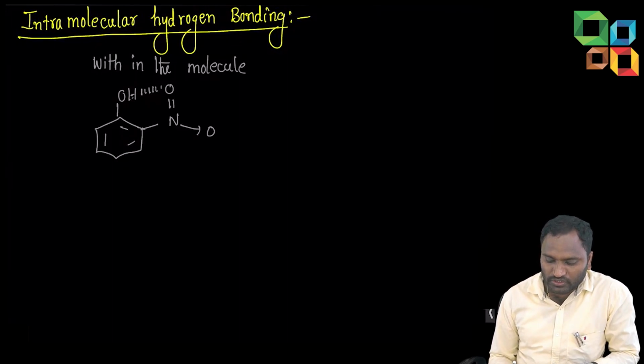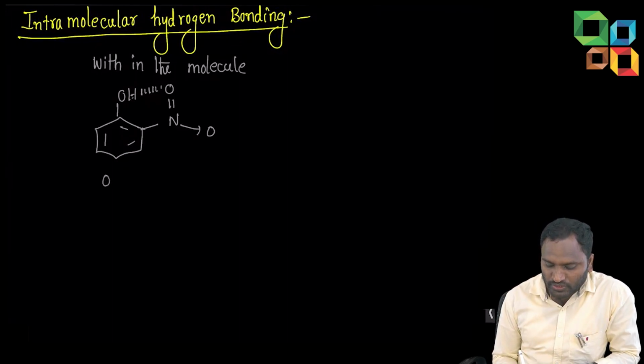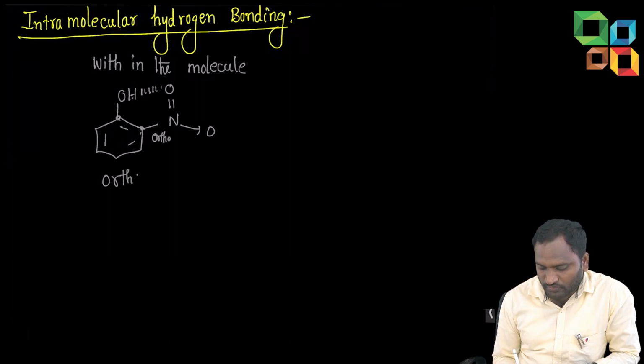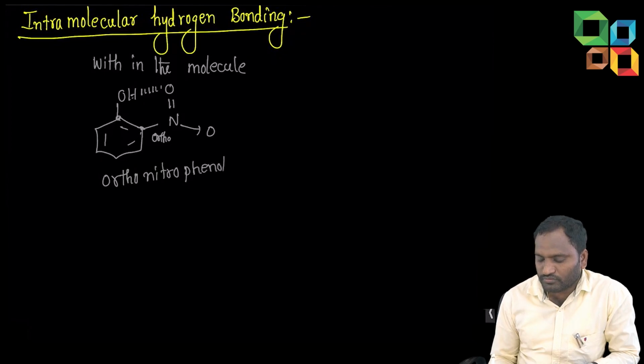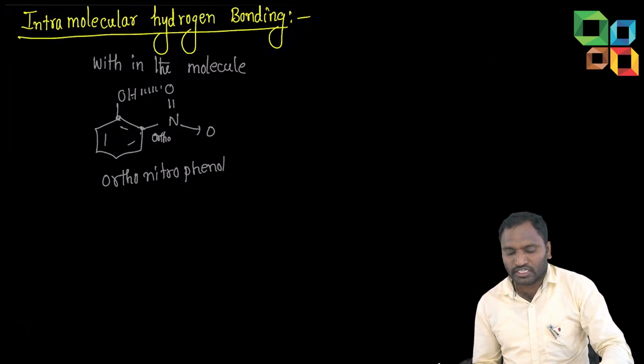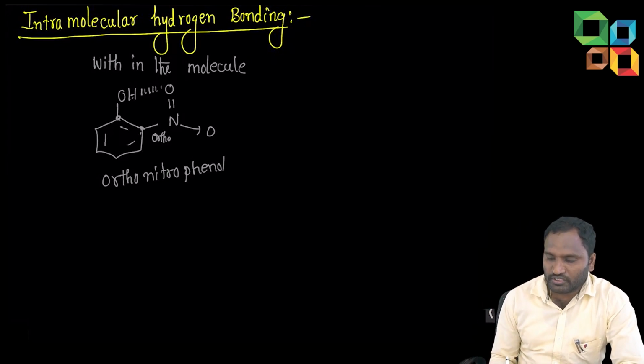Example for intramolecular hydrogen bonding: orthonitrophenol. This is phenol. The position very next to the substituent is called ortho, so orthonitrophenol. And other compounds are there. Names and all you don't know, so I am not giving.